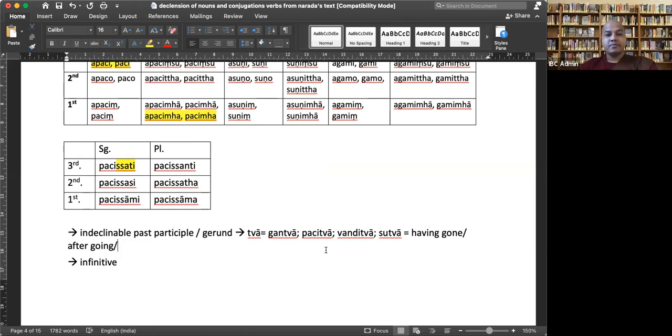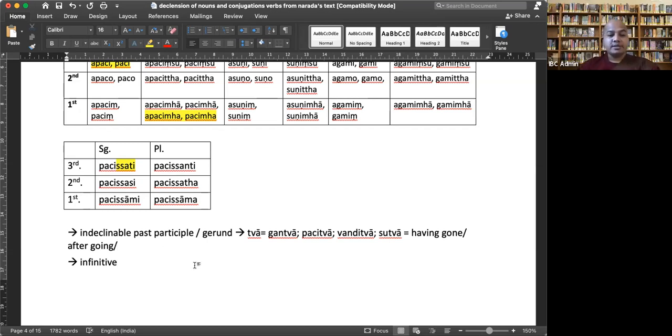Pachati means somebody cooks. Pachitva means having cooked, after cooking. Vanditva is from Vandati. Vandati means paying respect, worshipping, honoring. Vanditva, having honored. Sutva is from Sunoti. Sunoti means somebody hears. Sutva means having heard. Right?